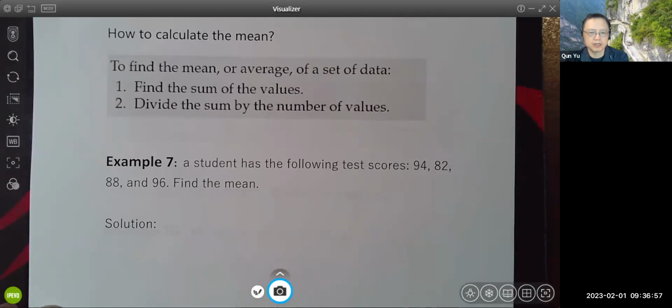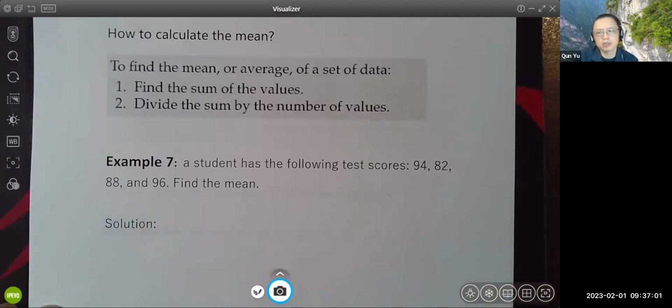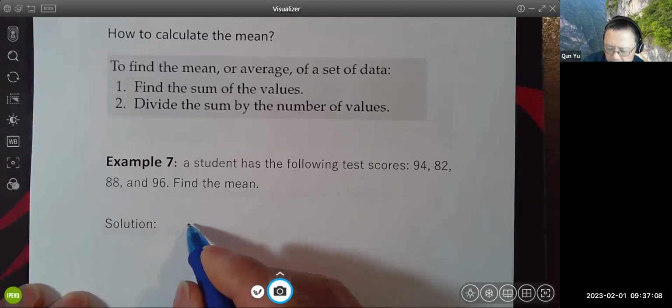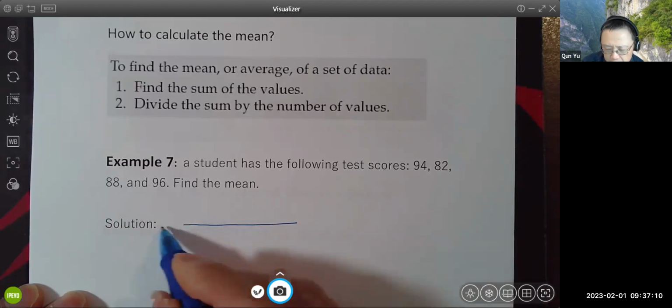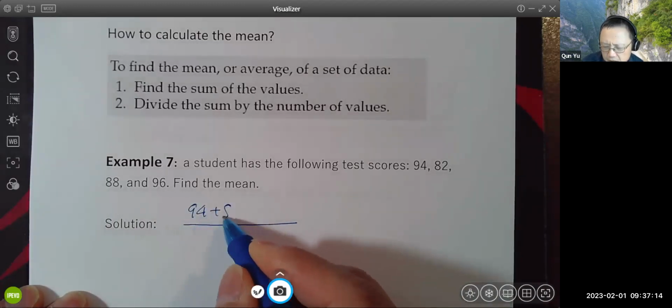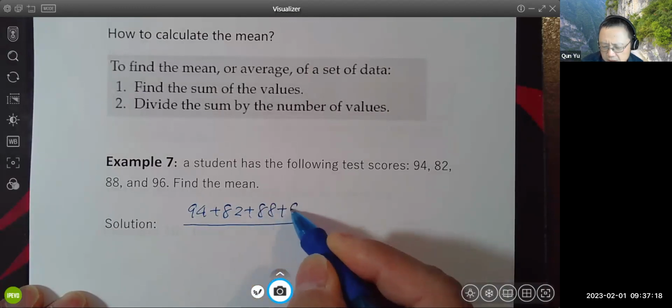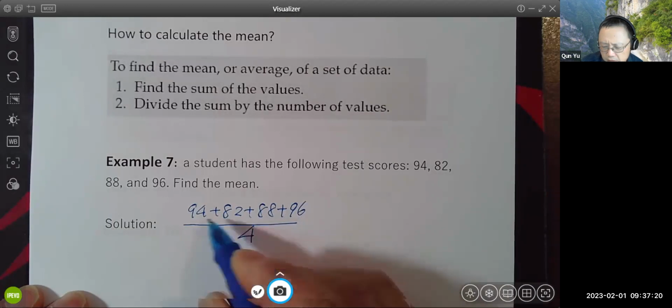We want to find the mean of these 4 numbers. According to the definition, we just add these 4 numbers together and divide by 4. So this is the setup. Remember, this is the division bar: 94 plus 82 plus 88 plus 96 divided by 4, since we have 4 numbers.